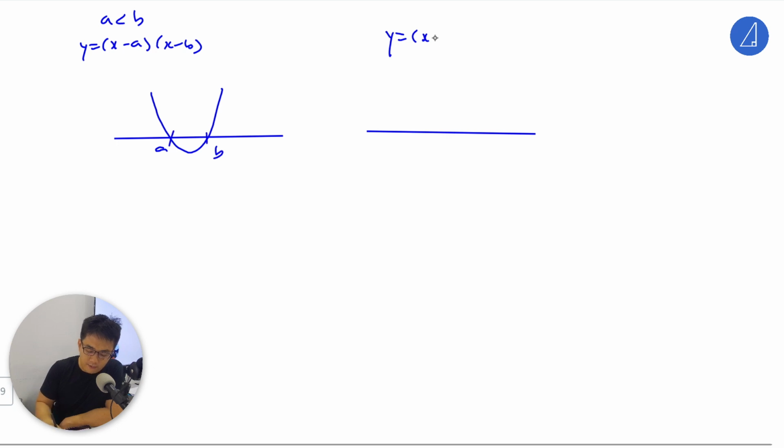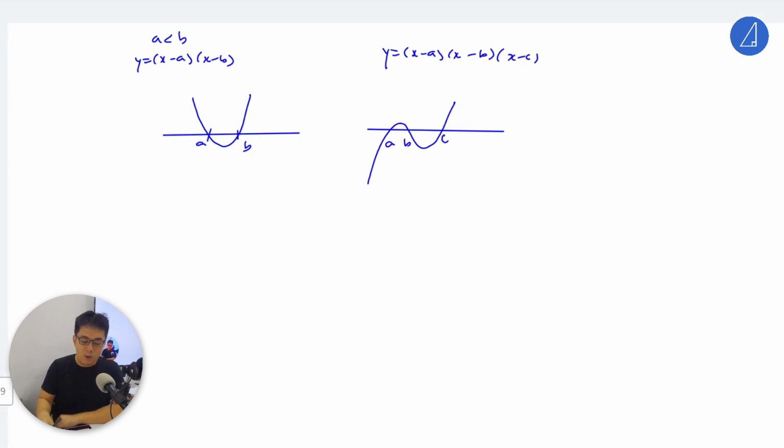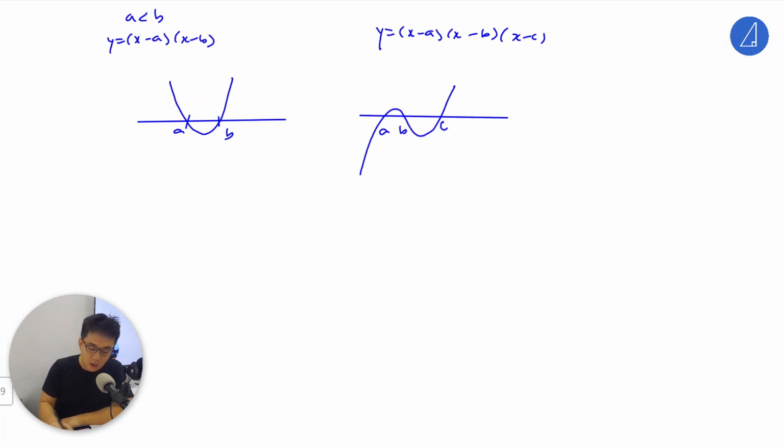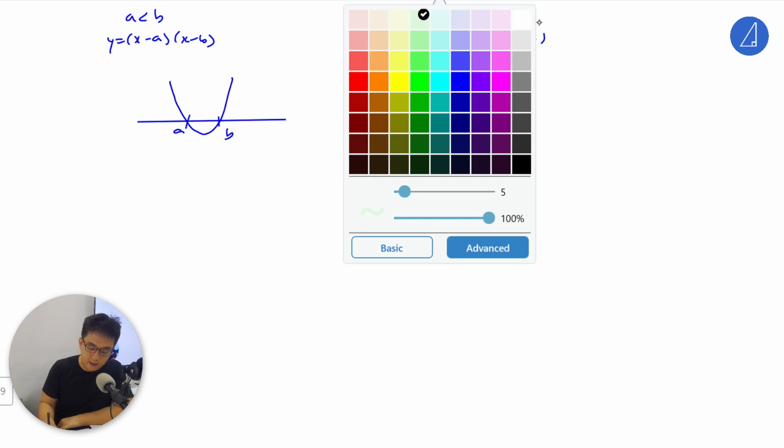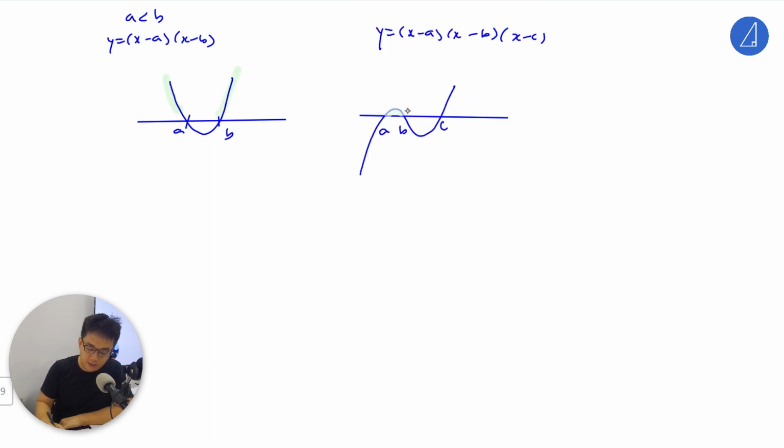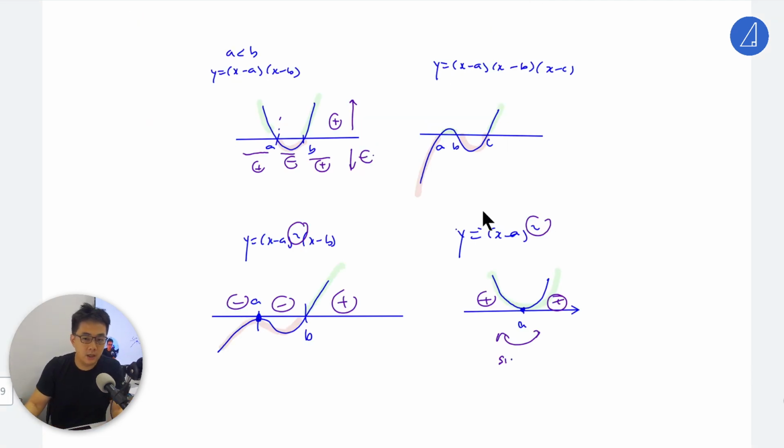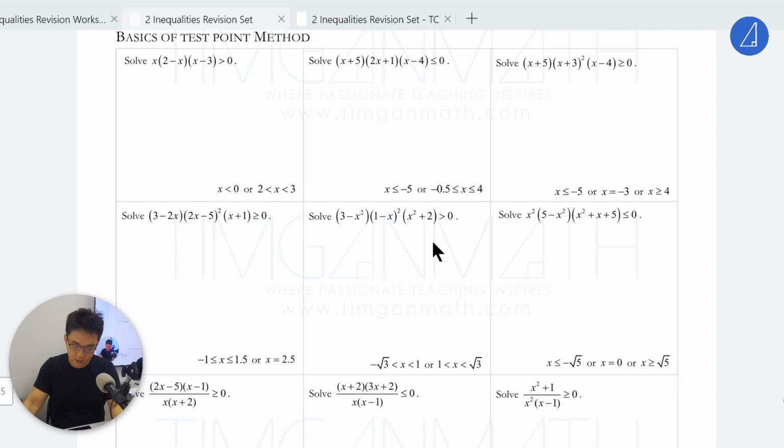Then if it is x minus a, x minus b, x minus c, it will look something like that. This is a, b, and c. Now what you realize is that whenever you cross a divide, the sign changes. Do you see that? And for repeated roots, the sign repeats. Just repeat.